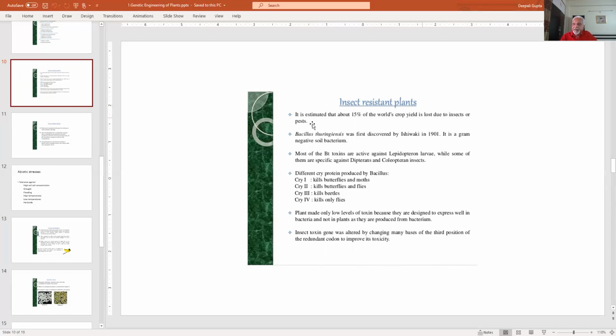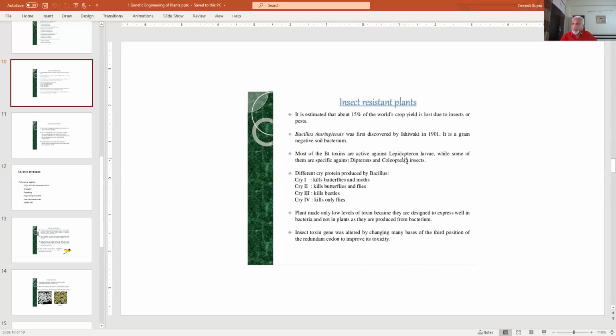As the understanding grew on what kills the insects in this bacteria, now we understand that these bacteria basically synthesize a protein called BT toxin, or BT toxin protein, designated as Cry1, 2, 3, 4, 5, like this.